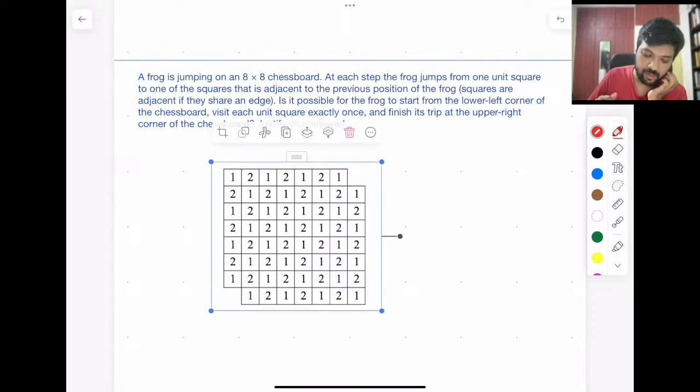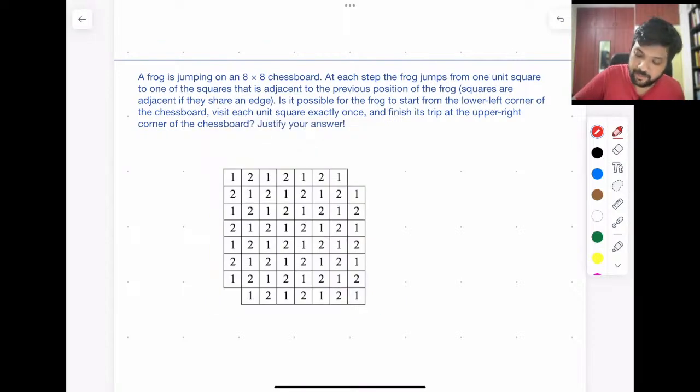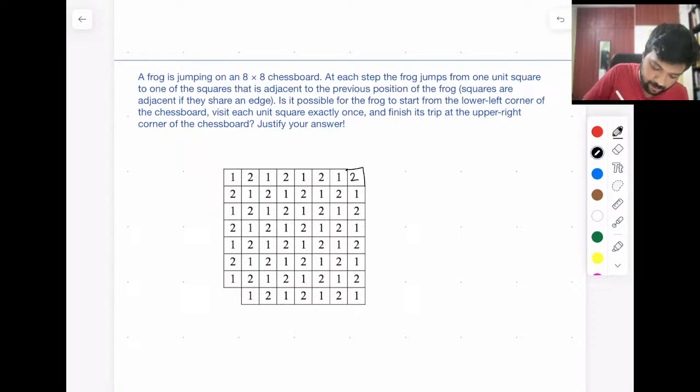Frog is jumping on an 8 cross 8 chessboard. At each step, the frog jumps from one unit square to one of the adjacent squares. Is it possible for the frog to start from the lower left corner of the chessboard and visit each unit square exactly once and finish its trip on the upper right corner of the chessboard?